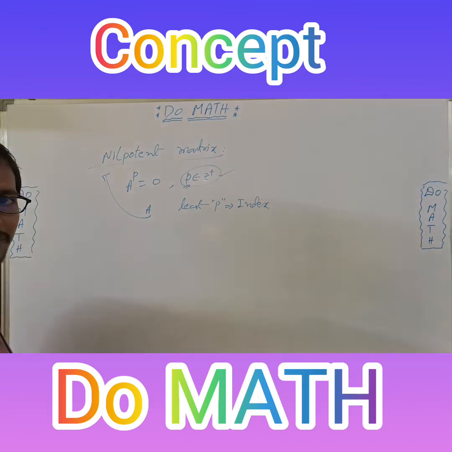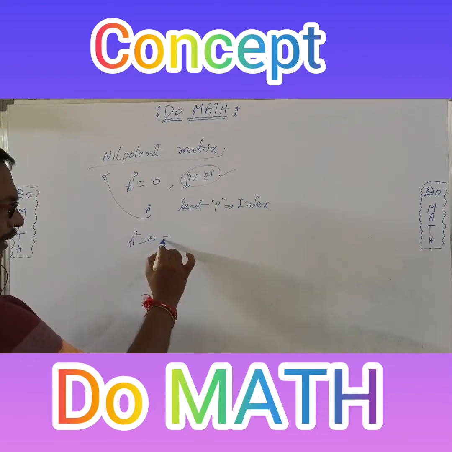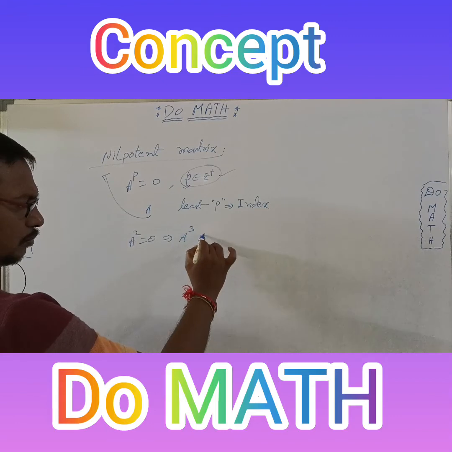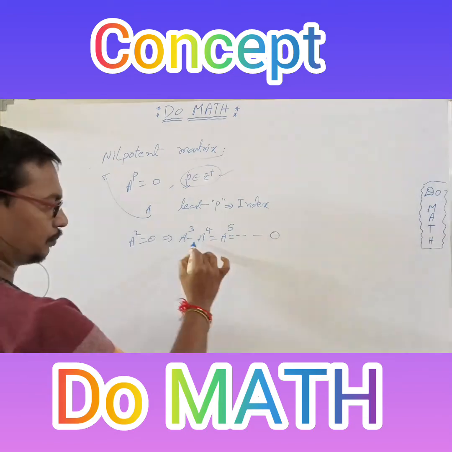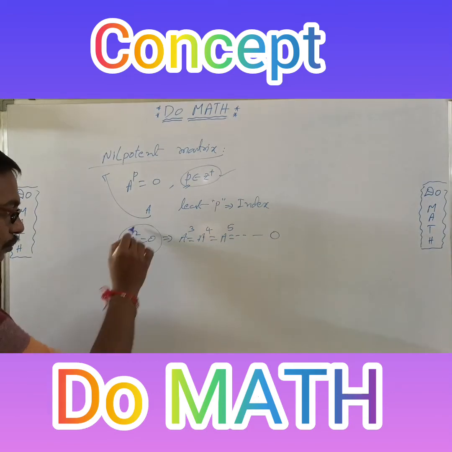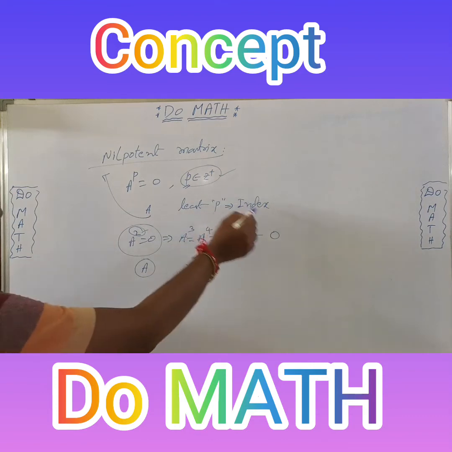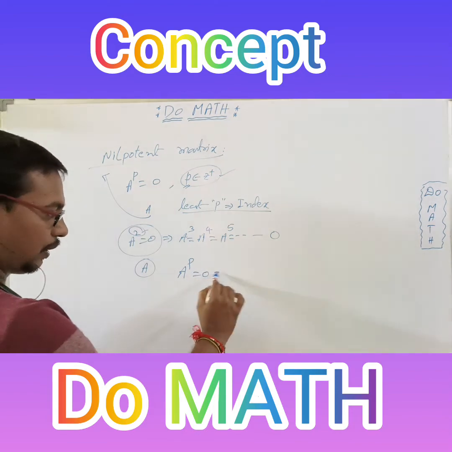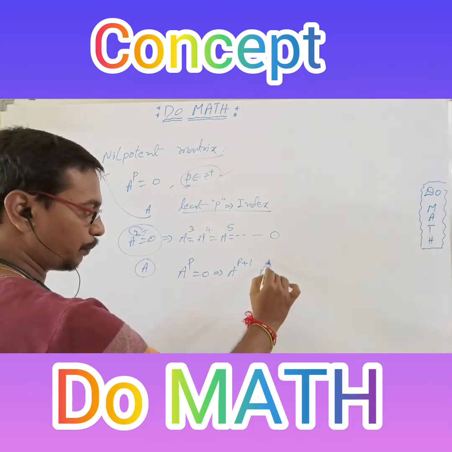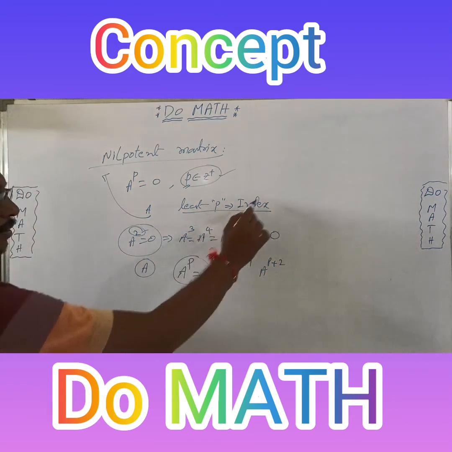Suppose A square equals 0, then the higher powers A cube, A power 4, A power 5 and so on are all equal to 0. Here the least value is 2, so 2 is the index of A. That is the importance of the index. When A power P is 0, then A power P plus 1, A power P plus 2, A power P plus 3 and so on are all null matrices. The least value is called the index.